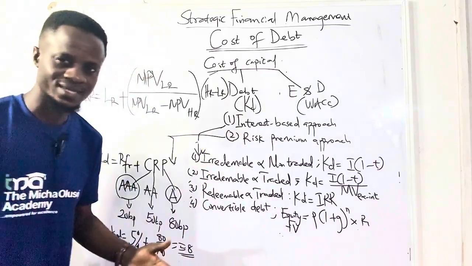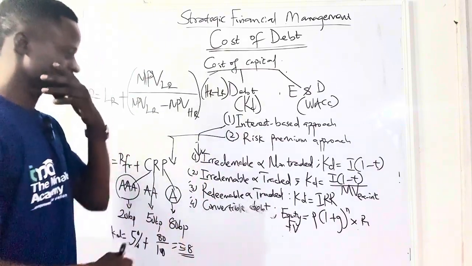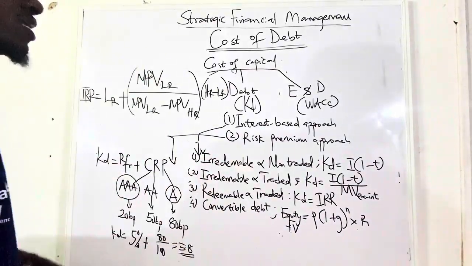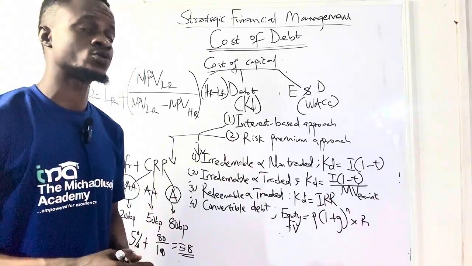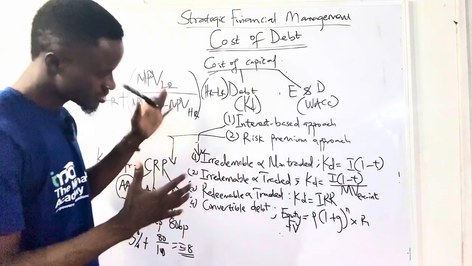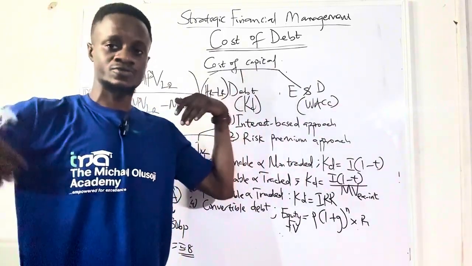Anyway, I think it's time to solve questions. Is there anything I need to explain here again? Yes, I think there's another formula that you need to know. I told you that this cost of debt talks about inflows and outflows.